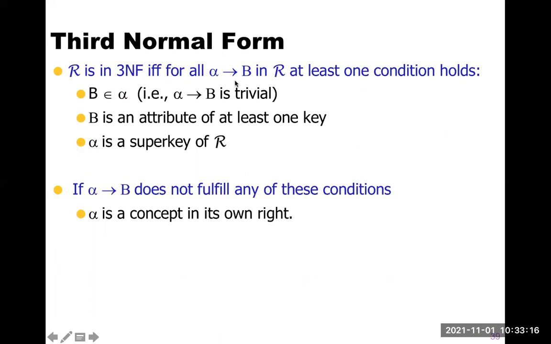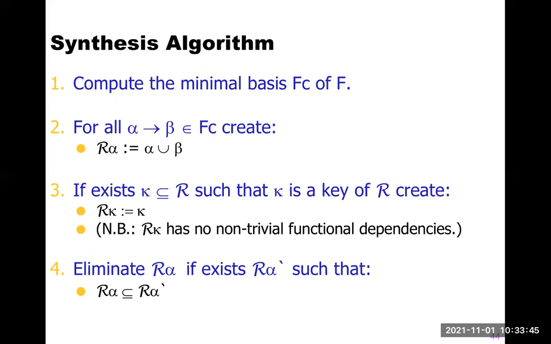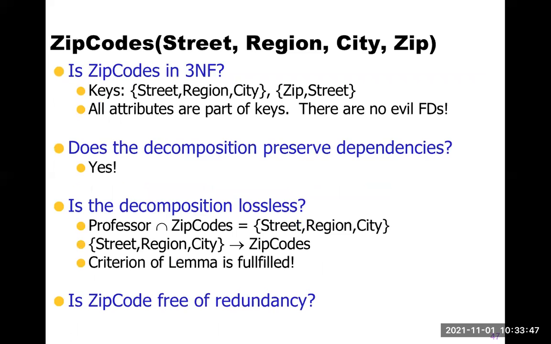In third normal form, there are the conditions of trivial dependency and super key, which are the same, and also that the right part is an attribute of maybe some other key, an attribute of at least one key. Third normal form allows for such tables, and Boyce-Codd doesn't allow tables where we have dependencies of columns on other keys.